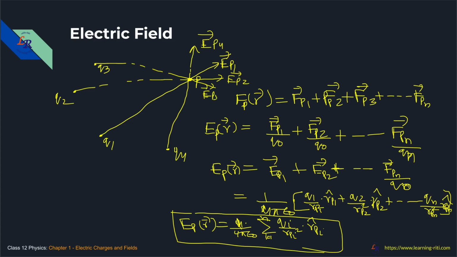That way you can calculate the electric field due to different charges at a given point, and you can just take the vector sum, either following the component method or the parallelogram method as we do for forces. So that is all going to be a similar format. This is how you can calculate for a system of multiple charges.